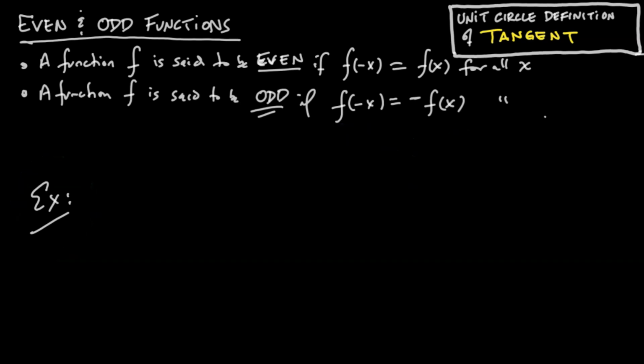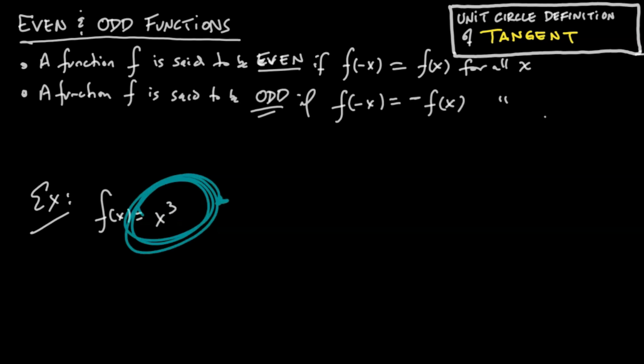Some examples here. How about f of x is x cubed? It's odd because if you stick a number and its negative in, you will get opposite outputs. If you cube 2, you get 8, but if you cube minus 2, you get minus 8. You cube negative 3, you get minus 27, which is the opposite of what you'd get if you cubed 3.